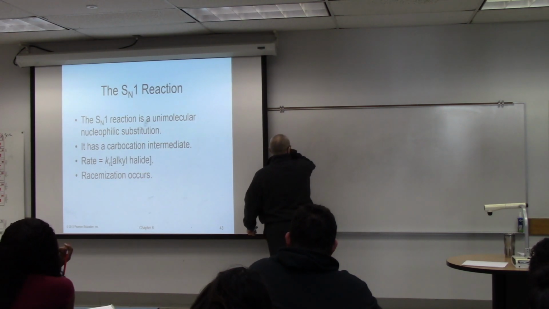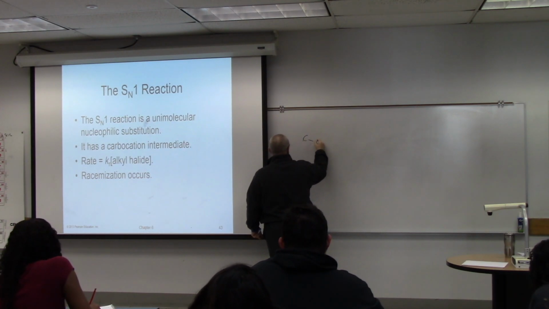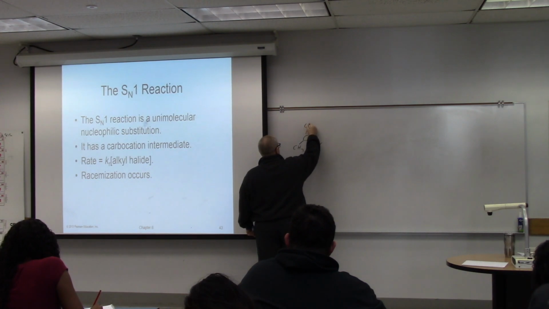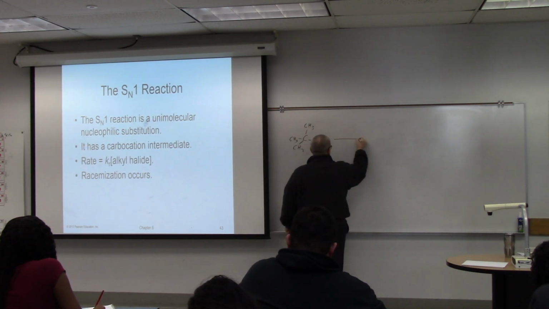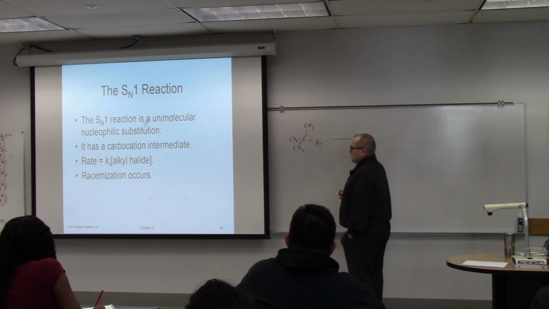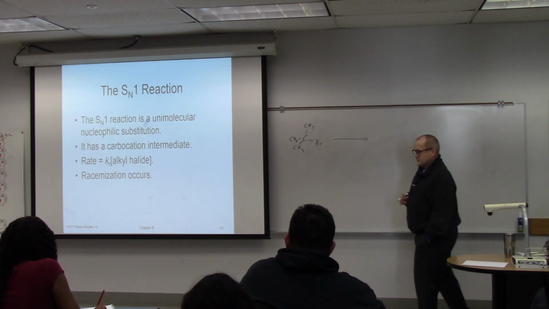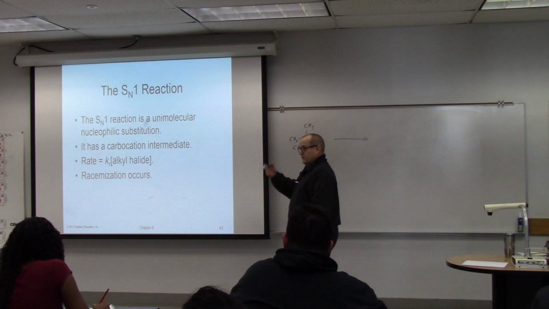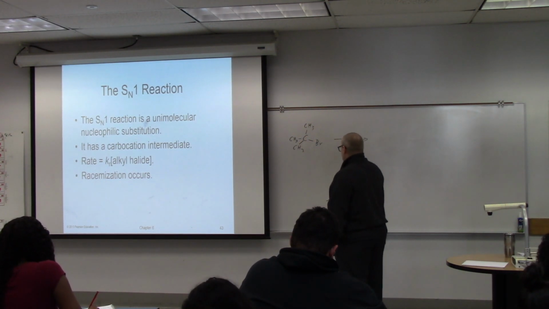All right, let's do a classic SN1. Bromine, whatever. SN1 means the same thing as first order? It means substitution, nucleophilic, unimolecular. The one means first order, or unimolecular. They mean kind of the same thing.